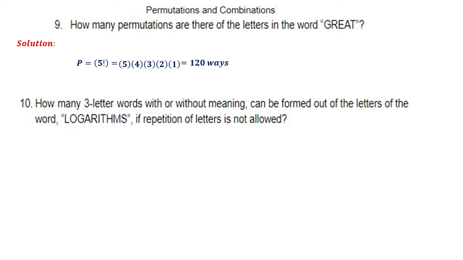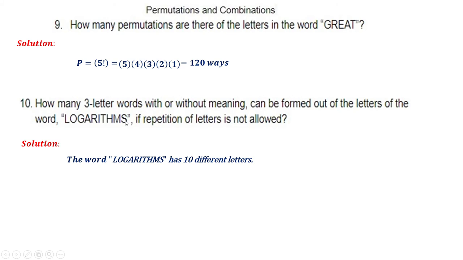How many three-letter words, with or without meaning, can be formed out of the letters of LOGARITHMS if repetition of letters is not allowed? Let's check. So, there are 10 different letters. Let's check: 1, 2, 3, 4, 5, 6, 7, 8, 9, 10.